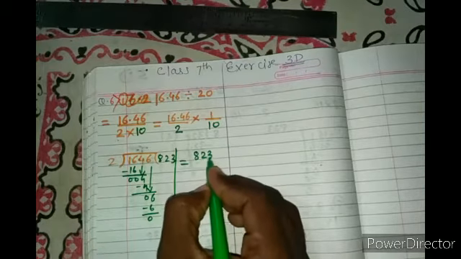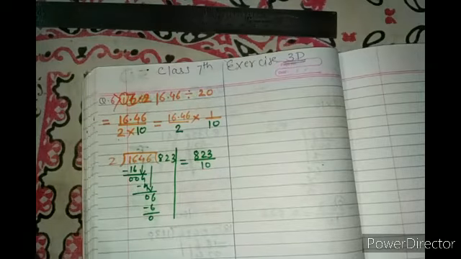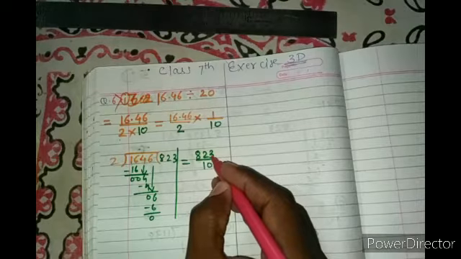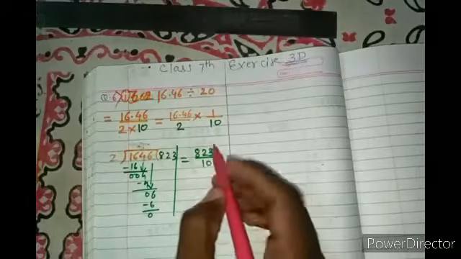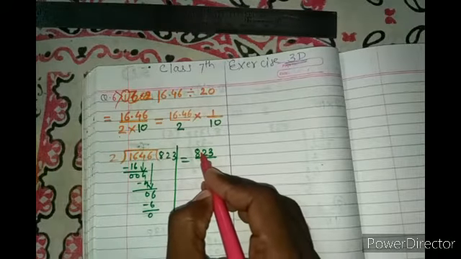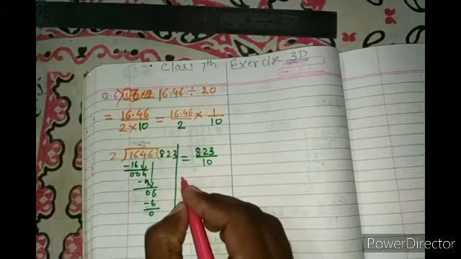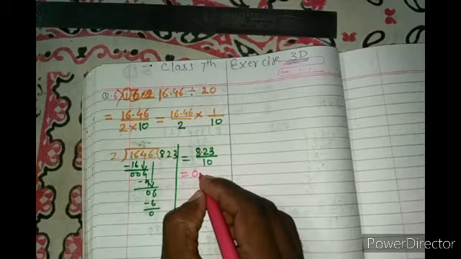The decimal point would be placed from the right, after 2 digits, because in 16.46 there are 2 digits after the decimal point. So 8.23.